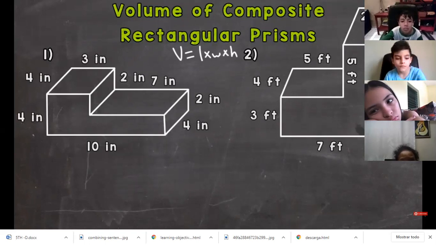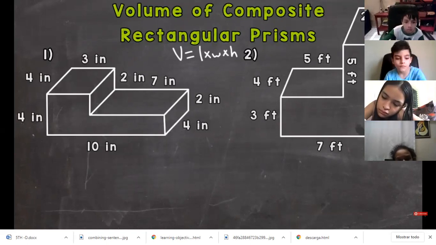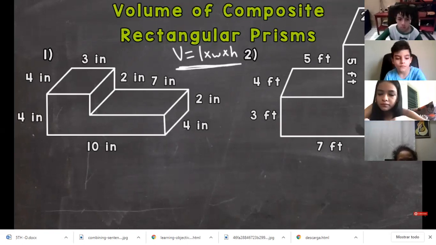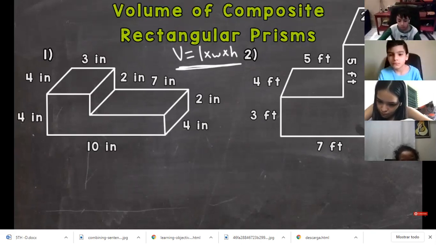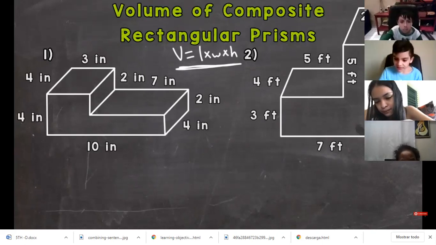As you can see, these aren't just plain old rectangular prisms. They're a little more complex, so it takes a couple extra steps, but the foundation is still that formula. Let's jump into number 1. When we have composite rectangular prisms, the first thing we want to do is cut that figure into 2 separate rectangular prisms.